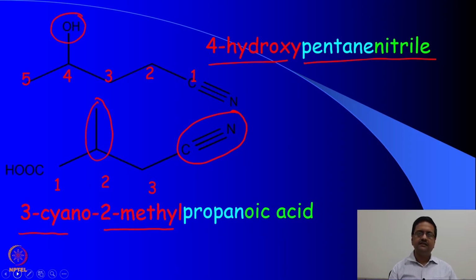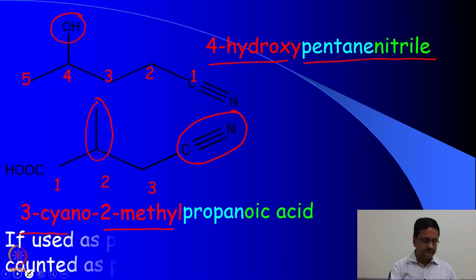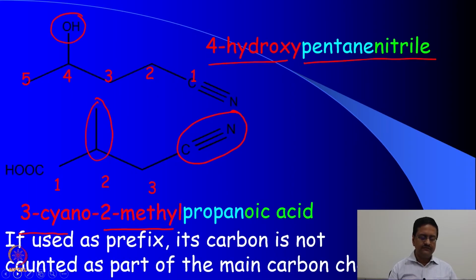Here you can see the priority of cyanide is lower than the priority of carboxylic acid. So, in those cases, the cyanide group is written as cyano, not as nitrile, but when the cyanide group is the principal group, we write it as nitrile. If used as a prefix, its carbon is not counted as a part of the main carbon chain, which is done here.